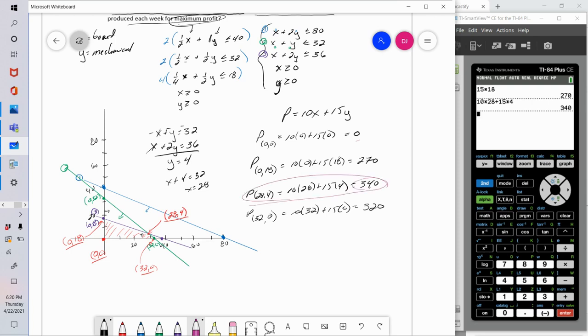Now, the question is, how many board games should be produced each week in order to maximize the profit? 340 is the maximum profit that the company can make with these constraints.